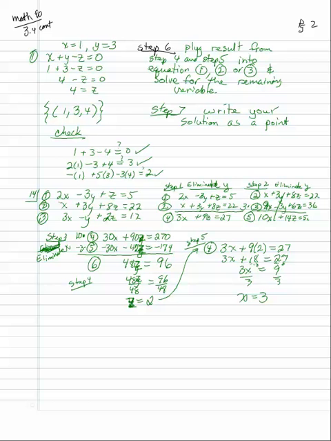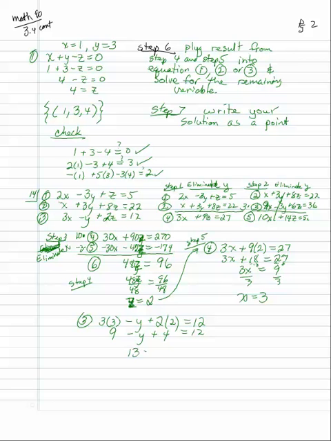Now step 6. We're going to plug the results from steps 4 and 5, so x equals 3, z equals 2, into equation 1, 2, or 3. We're looking for y. I guess we'll use equation 3: 3x minus y plus 2z equals 12. So we're going to simplify this and solve it.